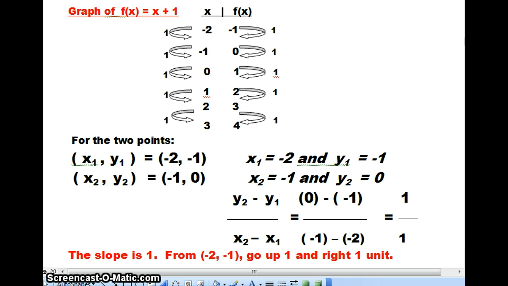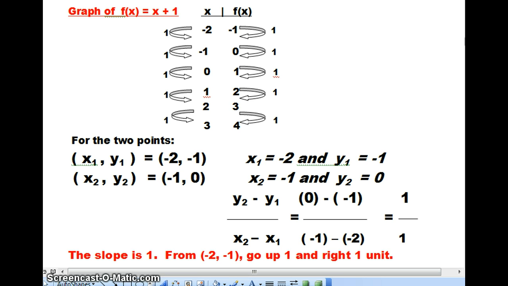The other way that we can do it is like you're going to do on the test this next week. You're going to pick 2 points, so we'll just pick the first 2, and we're going to call one x1, y1, and the second one x2, y2. Over on the right, you can see what their values are for each one of them, and we're going to pick the formula y2 minus y1 divided by x2 minus x1.